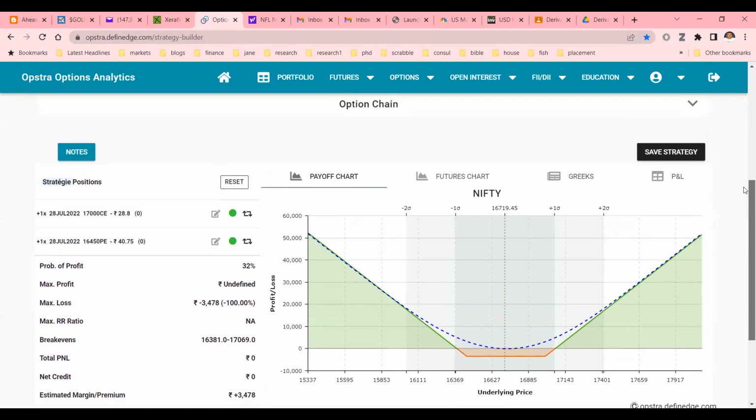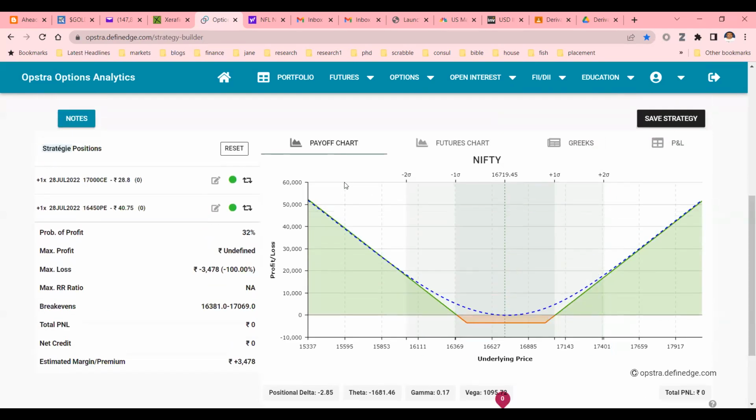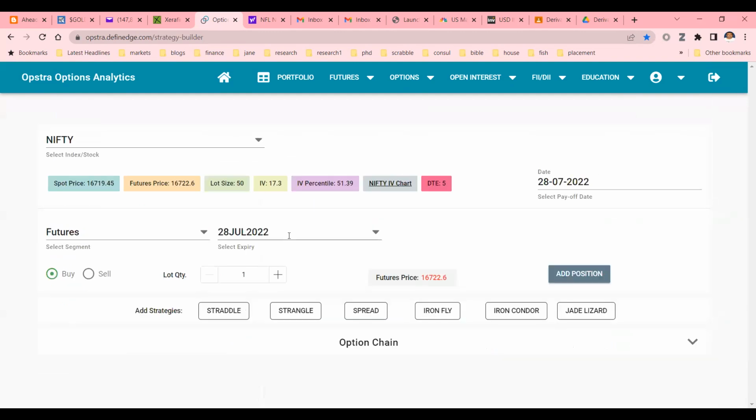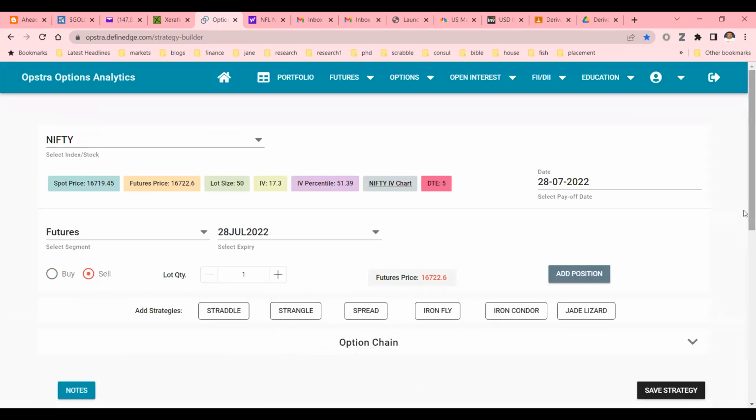So let's do the reverse and say sell strangle. Let's reset, strangle. Now look at the probability of success.